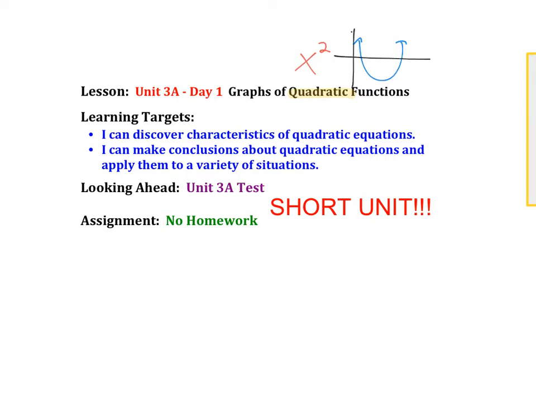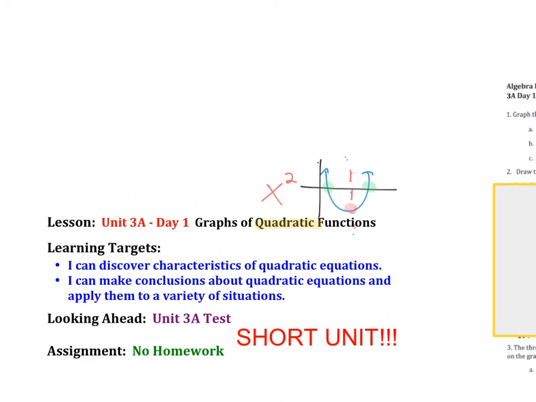We'll learn how to find the x-intercepts, and we'll discuss what we can figure out about the vertex. Along with the vertex comes the centerline, the axis of symmetry. That's all the information we're going to be discussing throughout Unit 3. All right, let's get going, shall we?